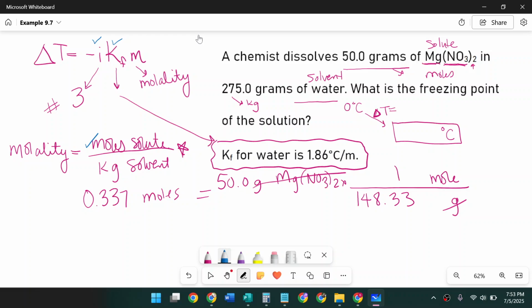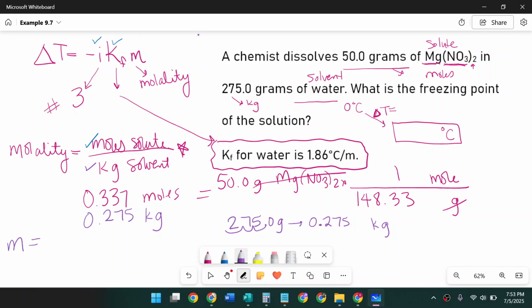All right, let's do the kilograms now. So we have 275.0 grams, and we need to convert that to kilograms. You can move the decimal, you can use a conversion factor, whatever you want. This one, grams to kilograms, means we're going to move it this way. So 0.275 kg, and that's our solvent. Now we have the two pieces we need to solve for molality.